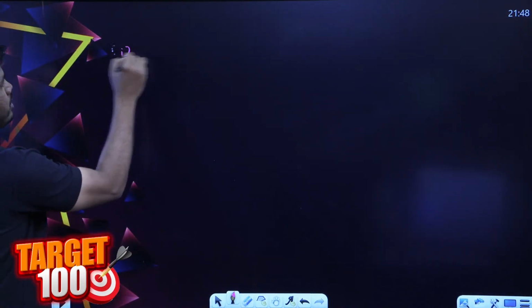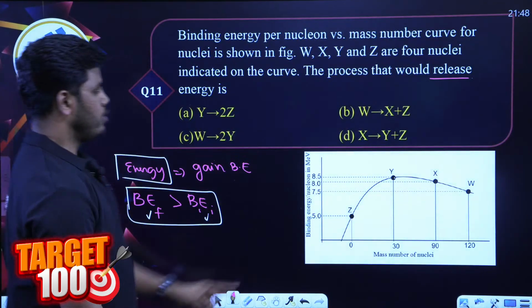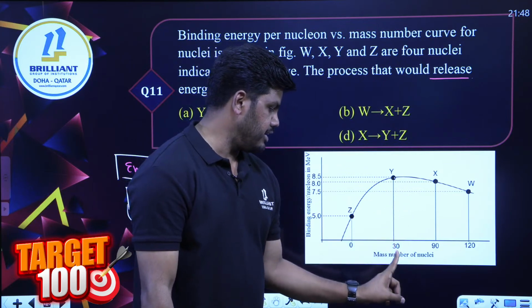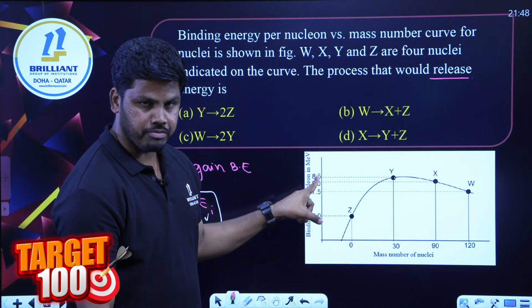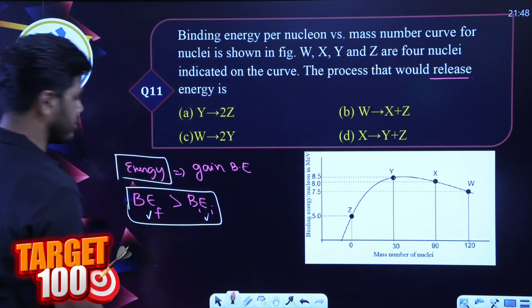So the first one was Y changes to 2Z, and look at this graph. Y has binding energy per nucleon, how much? 8.5. 8.5 into 30, where 30 is the mass number. What will be the total binding energy?